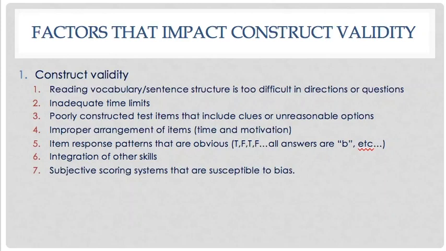You can also think about inadequate time limits. In many cases, we are not worried about time. We don't care how fast you can do something. But in other cases, we do. In reading, for instance, when students are just beginning to read, you want to measure how quickly they can read a passage, because you want to make sure that decoding, or turning the print into words in their head, is happening fast, it's accurate, and it's automatic.